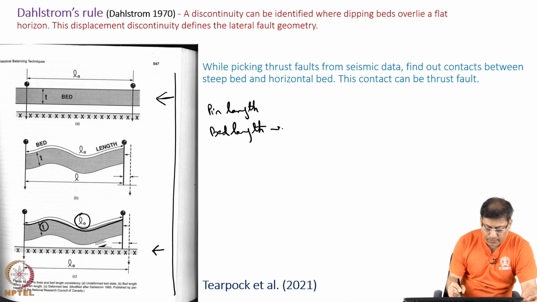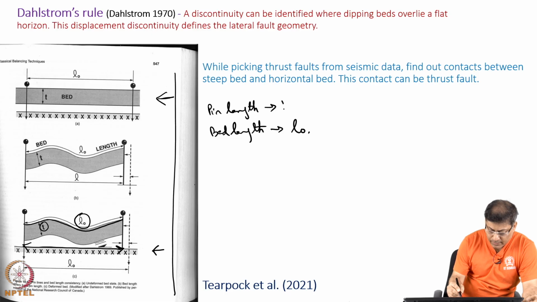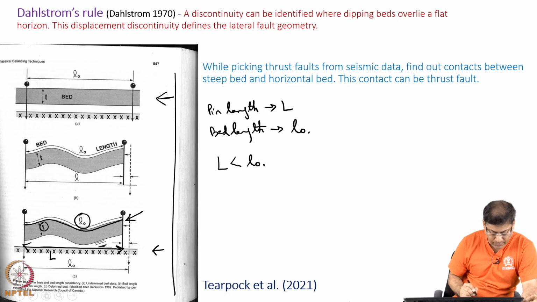This L0 is known as the bed length, and the distance between the pins from here to here is known as the pin length, capital L. When this layer is unfolded in the process of cross section balancing, we can find, of course, L is less than L0. In other words, you can keep on drawing several short straight line segments, measure them and add up to get the total L0 length.